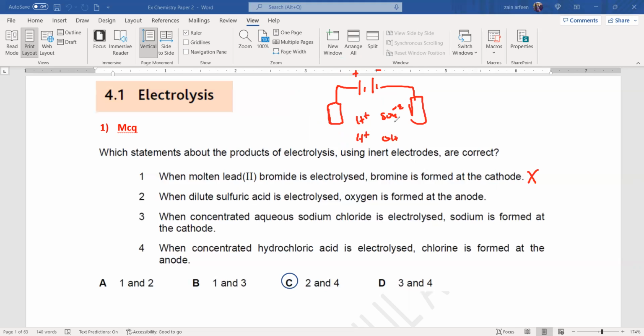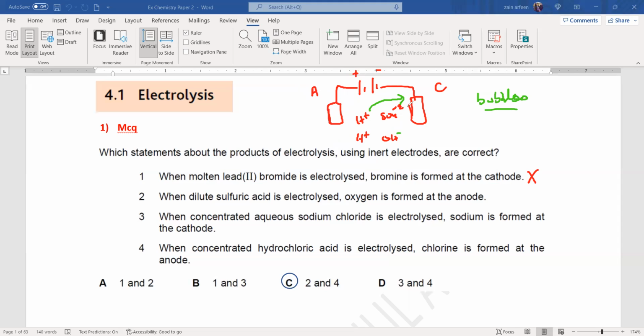This one is the cathode, the other one is the anode. For positive ions, we check that the less reactive ion will move, but in this case we have both hydrogens, so either can move, it makes no difference. So hydrogen will move towards the cathode. What will the observation be? Bubbles, as gas will be given off.